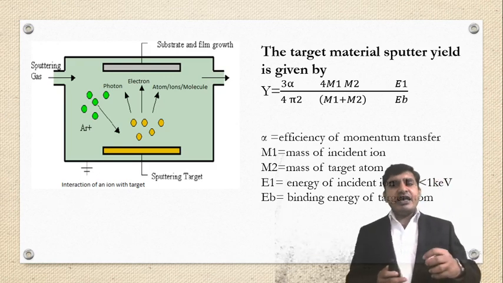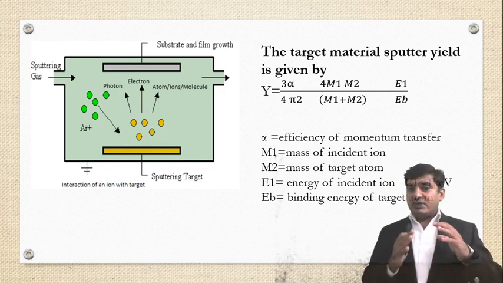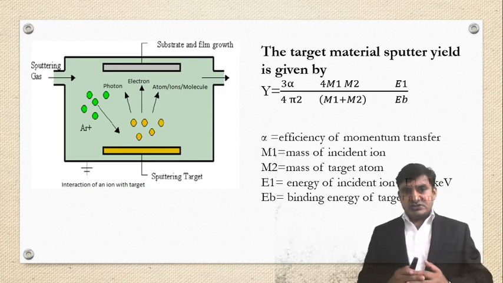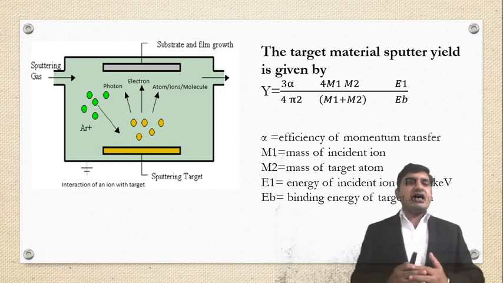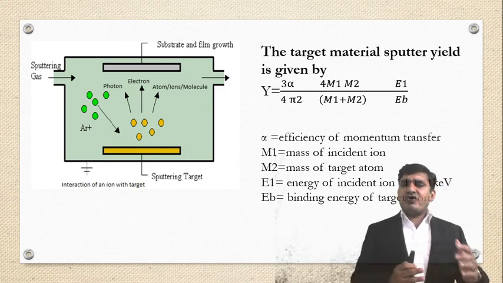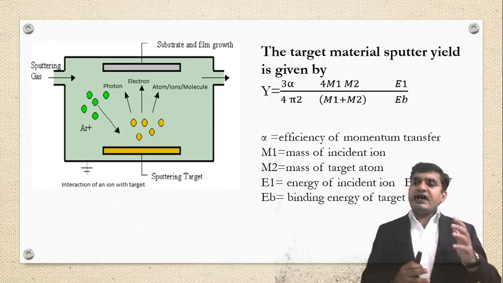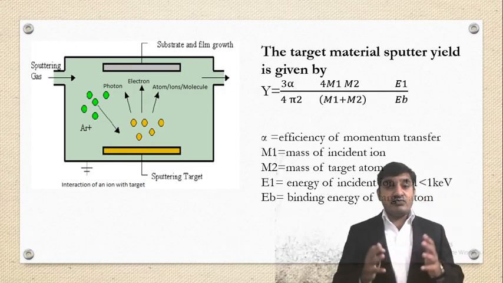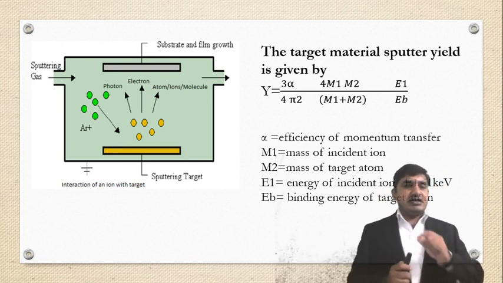When the argon gas is incident on the target material, photons, electrons, atoms, ions, and molecules are emitted, and some momentum is transferred from the argon gas to this atom or molecule, and α is the efficiency of that momentum transfer.